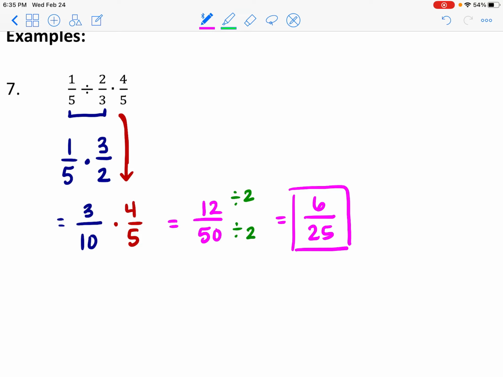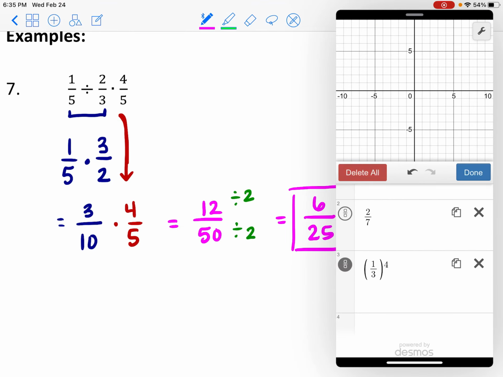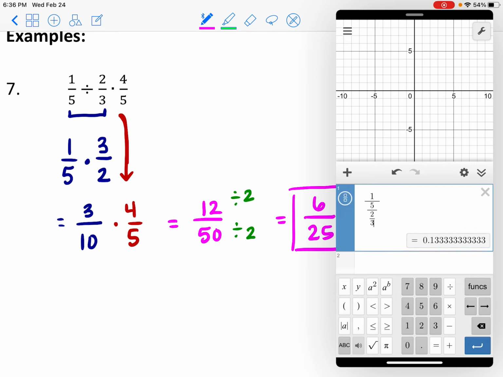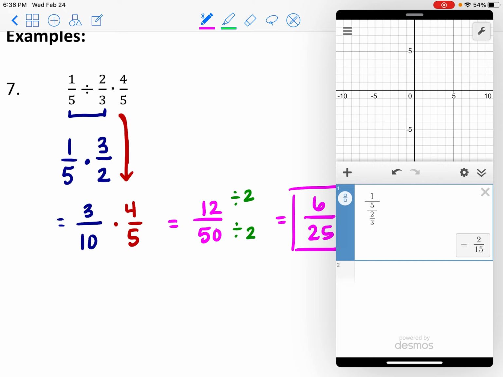And again, this is something that technology can confirm for us, but it's a little tricky with the division symbol, okay? Because remember, Desmos wants to make fractions for us. So let's see, if we took 1/5 and we divided it by 2/3, oof, it looks crazy in there.